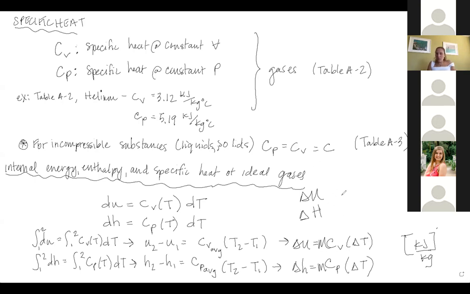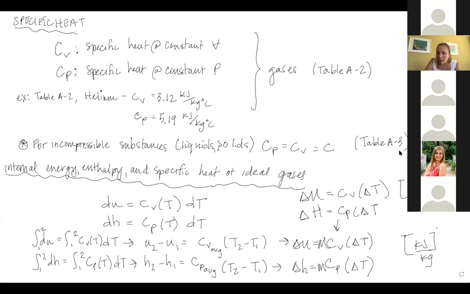So this could either be your change in total internal energy is the specific heat times your change in temperature, and the specific heat times your change in temperature. And then in order to make them specific, that's where you're adding this mass term. So these are your kilojoule, these are your kilojoule per kilogram. So here's this equation you've probably heard a bunch of times, like MC delta T.